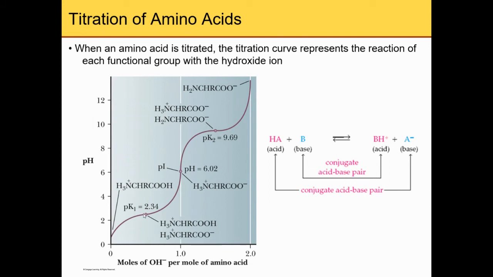And if you have pH 2.34, exactly the same as pK1, at this point the amount of positive 1 and the neutral will be equal. If we give you pH 4, which will be at this point here, what will be the dominant form? The dominant form will be the neutral. Neutral. Yeah, got it. Okay. Good.